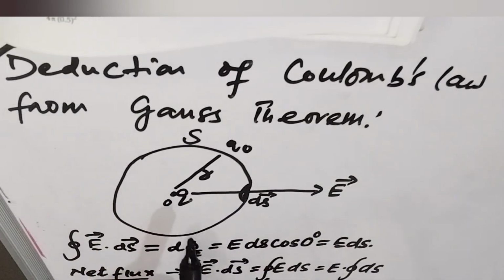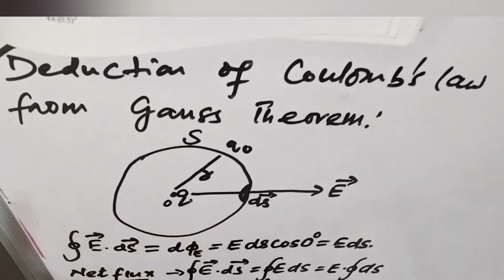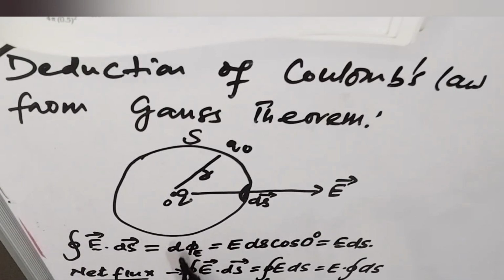So I hope you got it clearly. If Q is at the center of this imaginary sphere, then E dot ds integration over the closed surface should be d phi E integration over the closed surface. So this d phi E is E ds cos 0 degree as E ds.